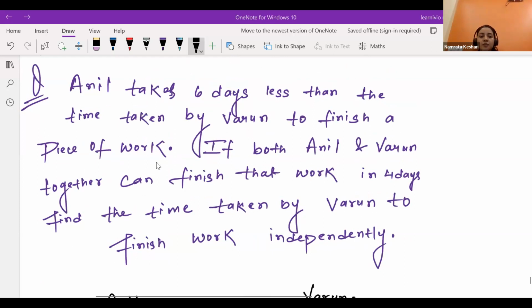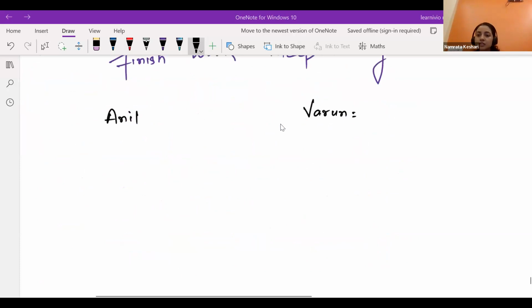So whatever time Varun is taking to finish a certain job, Anil is taking 6 days less to complete the same work. They both have the same work, and one person is taking X days, another person is taking 6 days less, that means X minus 6 days.